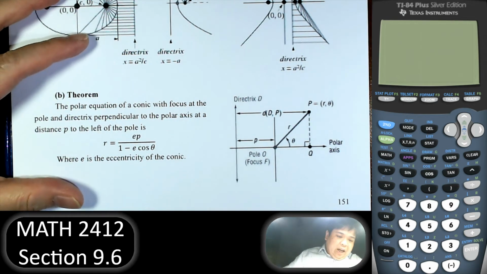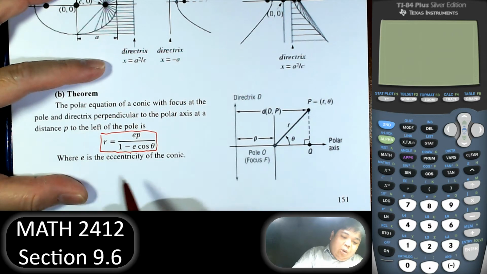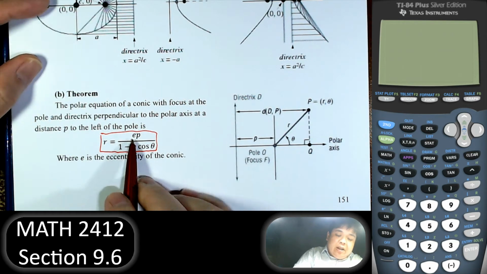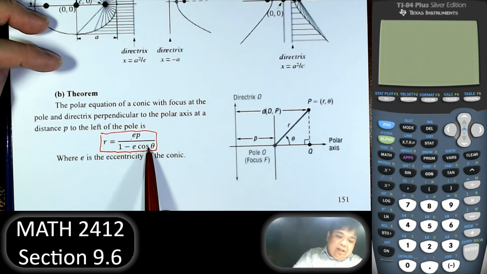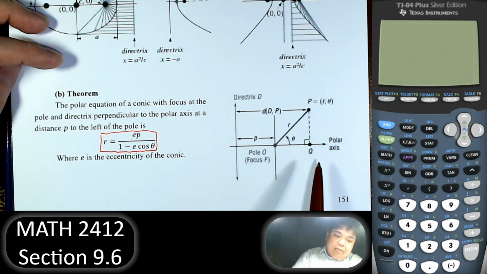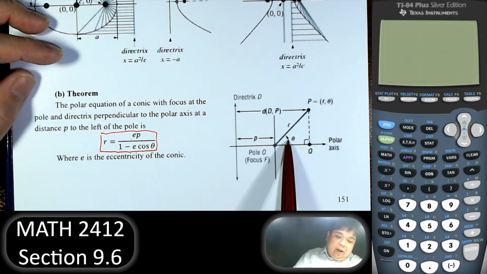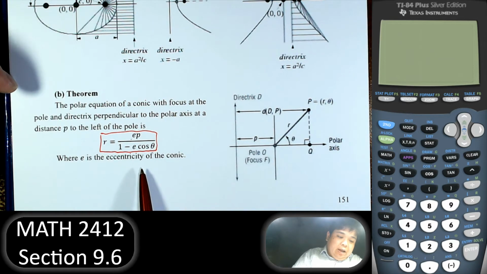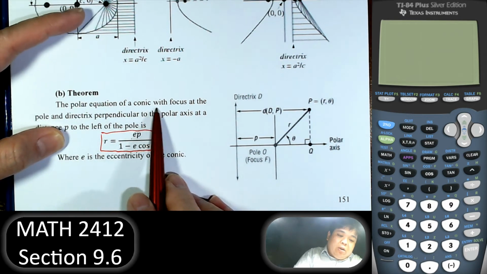So in polar form, the equation is given in this form, where e is the eccentricity, and of course theta is an angle and we rotate.